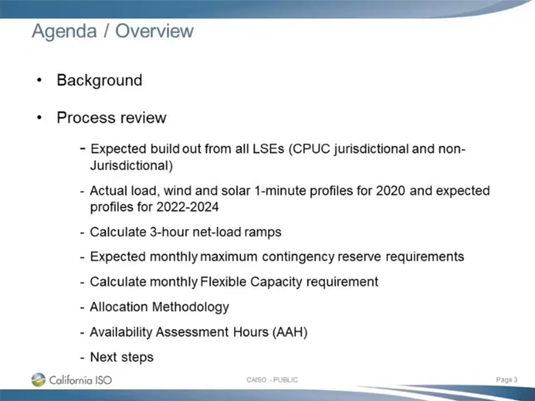Our calculations for 3-hour net load ramps, the expected monthly maximum contingency reserve requirements, the calculations for monthly flexible capacity requirement, and then lastly, the allocation methodology and the review of the availability assessment hours. And then we'll wrap up with some next steps. So with that, I'm going to hand it over to Clyde Lutan, and we'll get started.